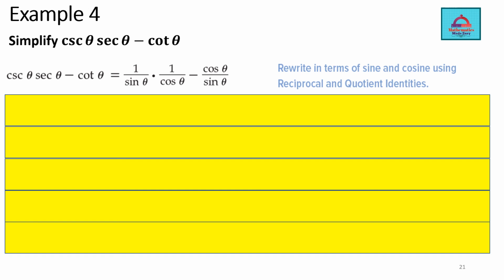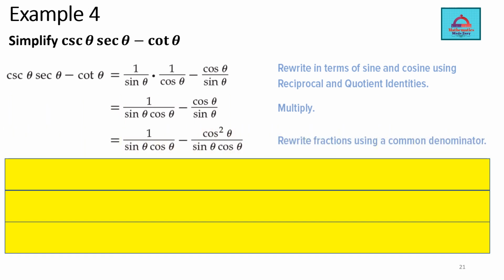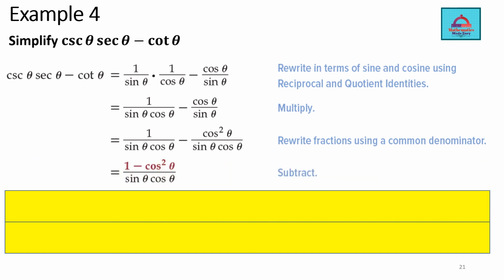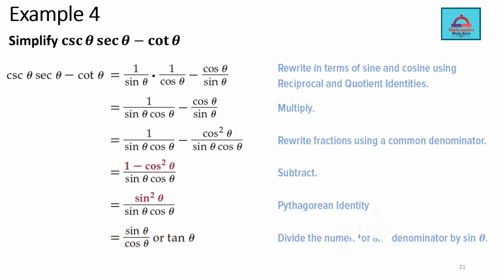So you convert everything into sine and cos, take the LCM, multiply and simplify. So the numerator becomes 1 minus cosecant square. Now 1 minus cosecant square, because the power is 2, will use the Pythagorean identity and one sine will cancel. So you're just left with sine over cos, which is tan. So the simplified form is tan.